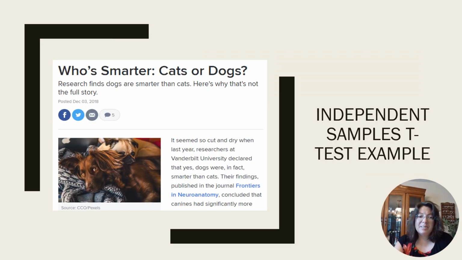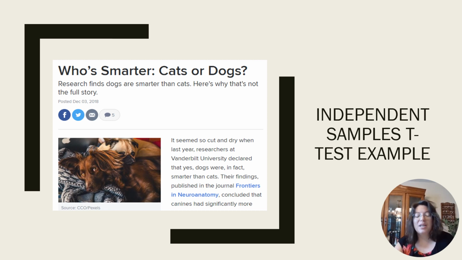All right, let's look at an independent samples t-test example. So here we've got the question of who's smarter, cats or dogs. So what they did was they compared the scores of cats and dogs on a few problem-solving tests.